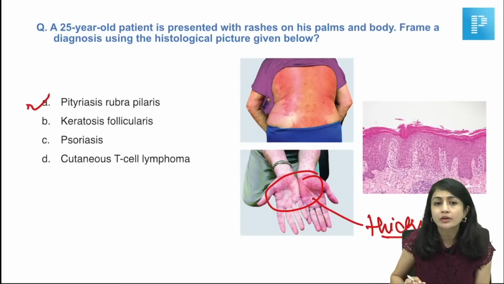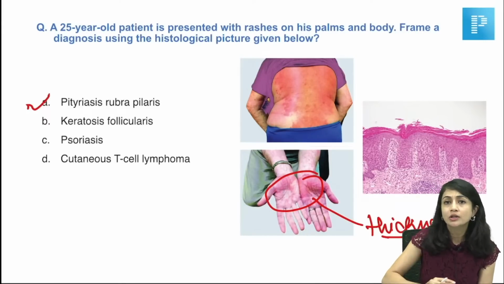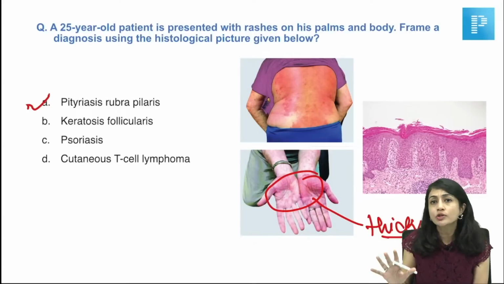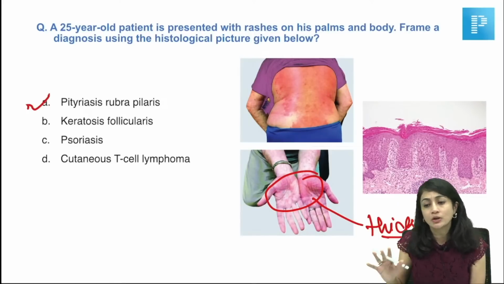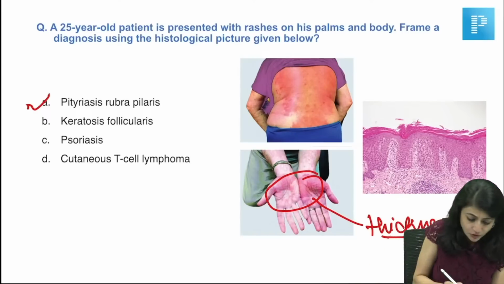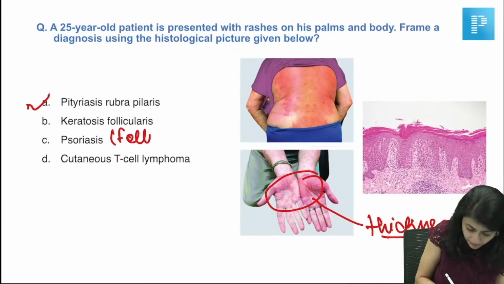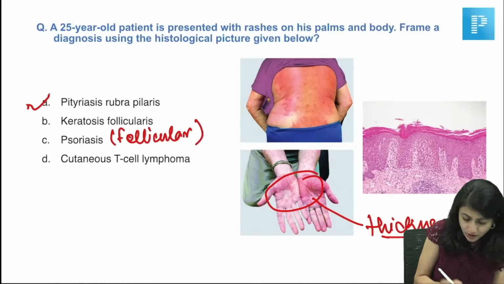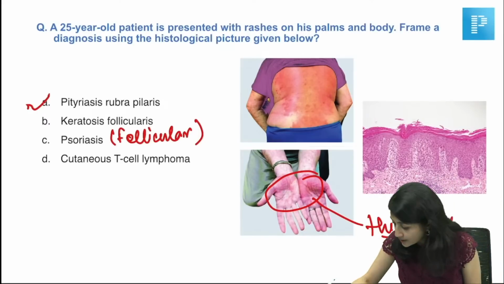Now, I was only confused whether they had given you the thickened palms and soles. How was the body image, if it was like PRP or like psoriasis? So, the option was follicular psoriasis, okay. Follicular psoriasis would not present like this. Thickness of palms and soles was mentioned. Scaly lesion was mentioned.